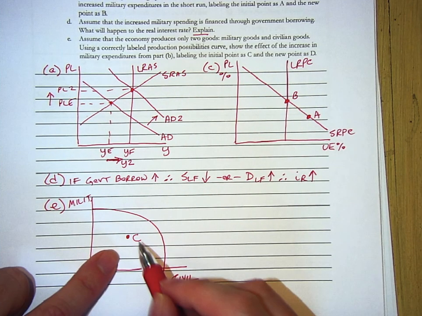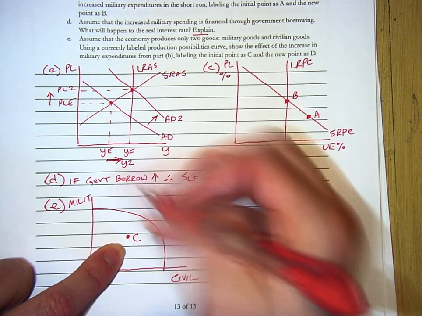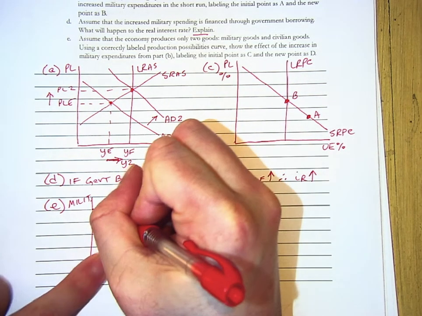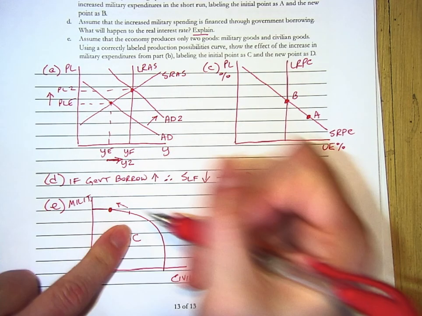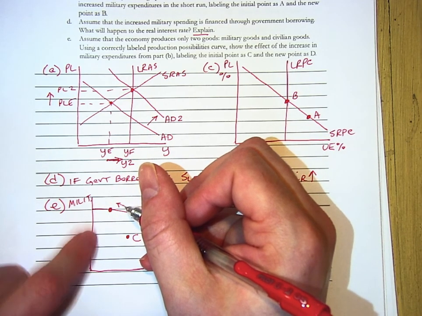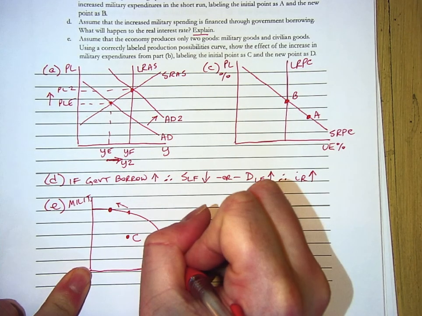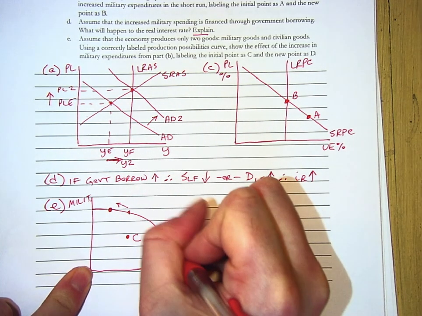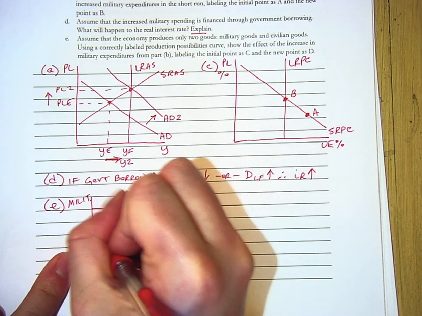I'm thinking through how to do this. In order to go from Part C, they're going to increase military spending. So we're going to spend more on the military than we used to. So it has to be somewhere to the left of where that one is on the axis, so towards more of the military side. I'm sorry, I think I did that the wrong way here. It's actually anything more than that point that would increase the amount of military spending.